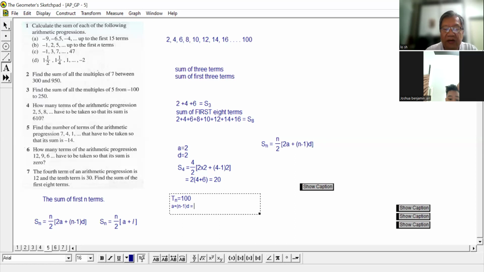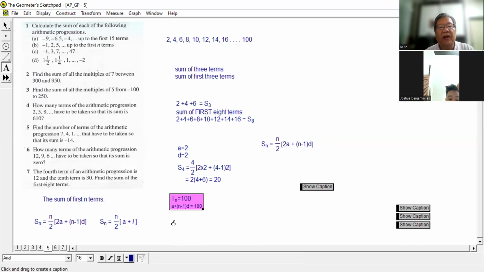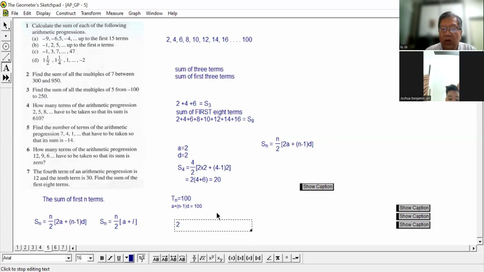So a is 2, plus n minus 1 times d, which is 2, equals 100. 2 times n minus 1 equals 98.